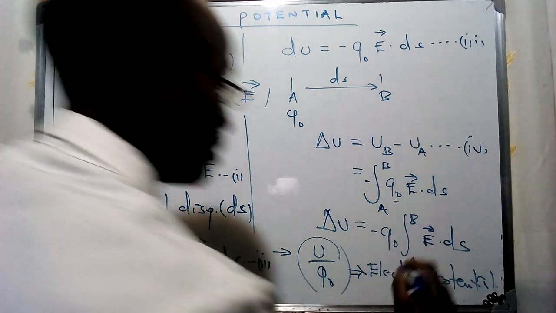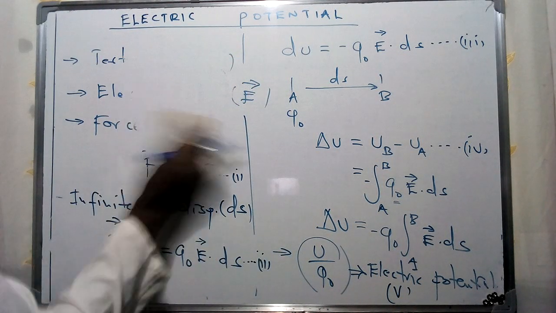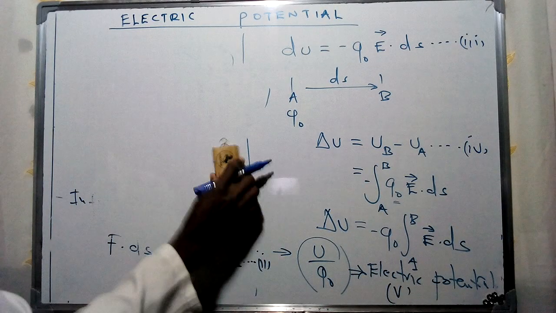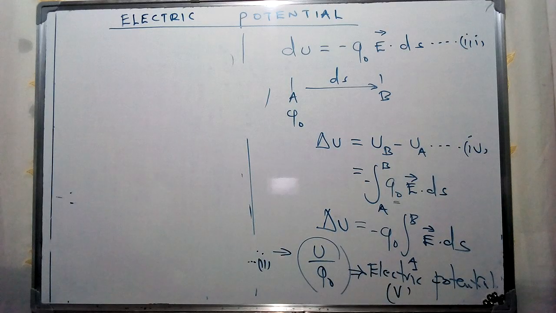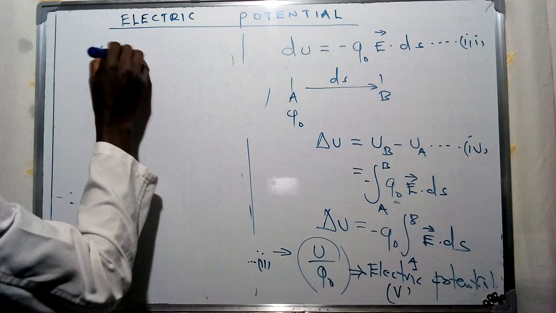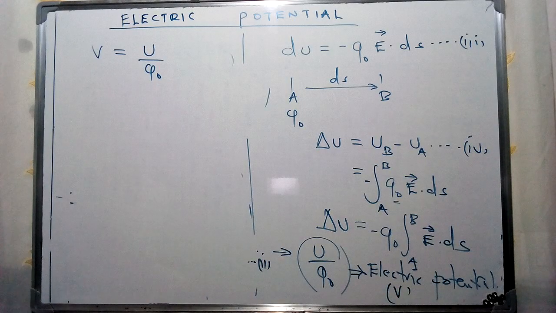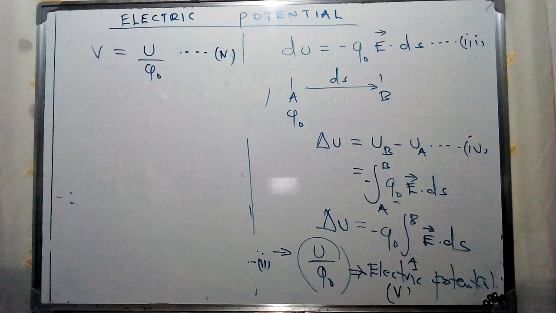We are going to denote this using V, which is our electric potential in this system under consideration. So we come up with another equation, equation 5, which gives us the electric potential as the ratio between the potential energy and this specific charge, given using that formula.